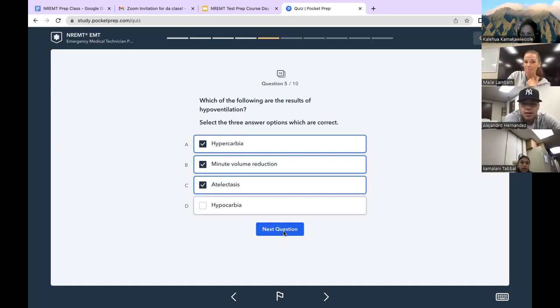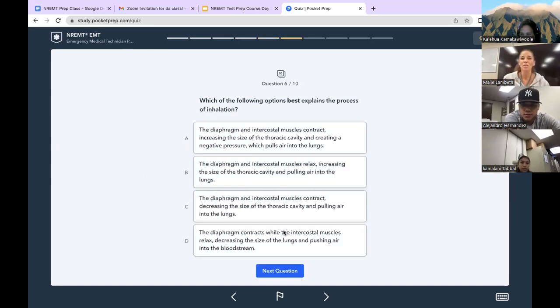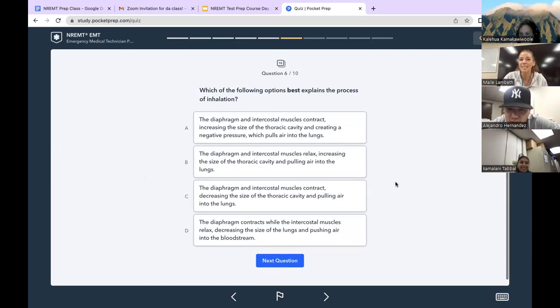Make sense? Okay. Which of the following options best explains, what's our keyword? Best. Best explains the process of inhalation. Let's take a look. A: Diaphragm and intercostal muscles contract, increasing the size of the thoracic cavity and creating a negative pressure, which pulls air into the lungs.